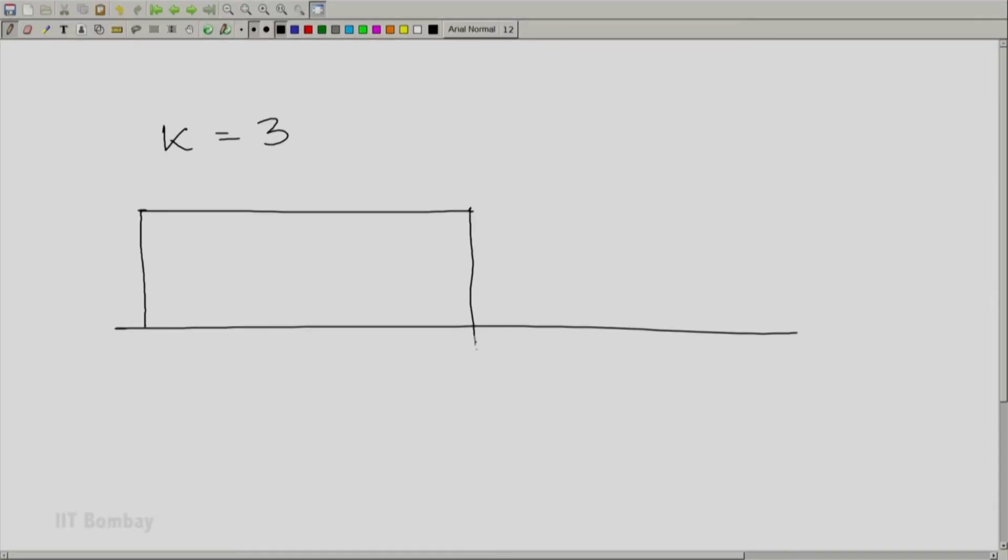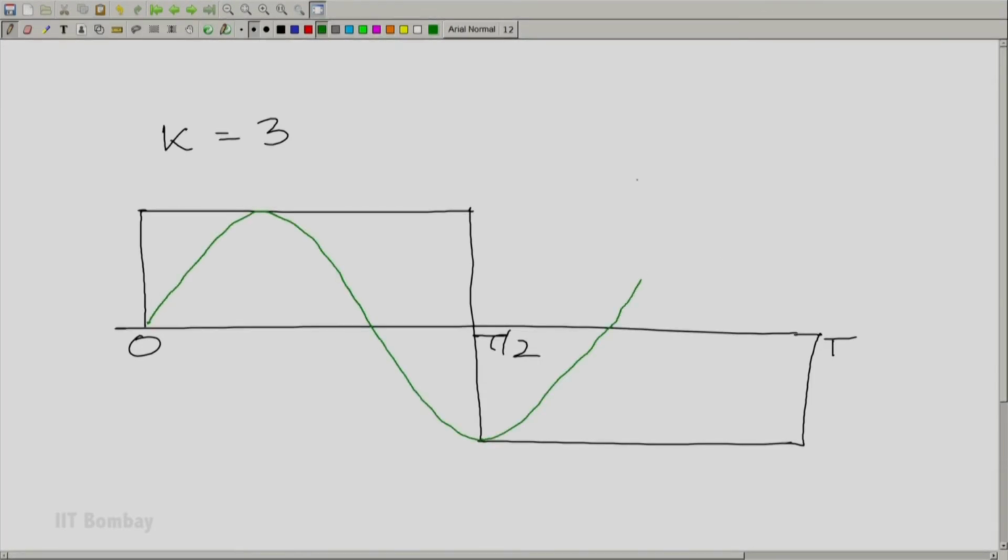Now, let me draw for k equal to 3 and you will see the pattern. Let me first show you the sketch. With k equal to 3, you are going to have 3 full cycles. So, of course, you had 1 half cycle and another half cycle, and in the other case you had just 1. Now, here you need to have 3.